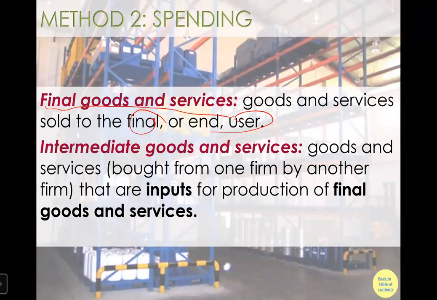So the pen I use for my tablet is the final good. But before I purchase it, this pen may have been ordered by the tablet maker through a third-party producer. But in that transaction, this pen was used as an intermediate good, not the final good.